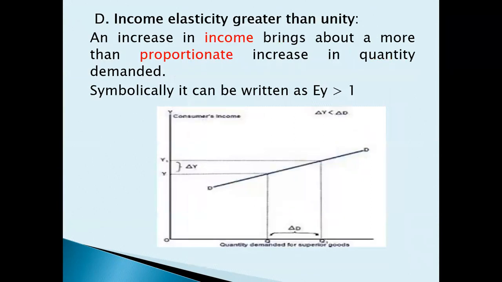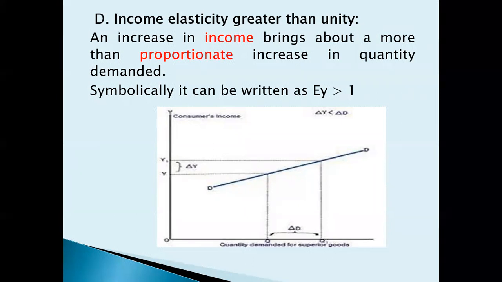Next is income elasticity greater than 1. इसमें क्या होता है देखिए, an increase in the income brings about a more than proportionate increase in the quantity demanded. जितने proportion से, look at the diagram now, जितने proportion से मेरा income change होता है on the y-axis, that is delta y, उससे कई ज्यादा गुना मेरा quantity demanded change होता है.